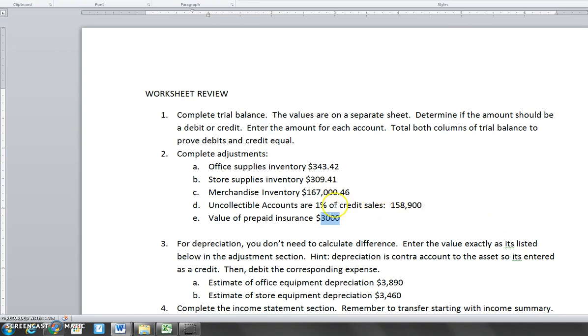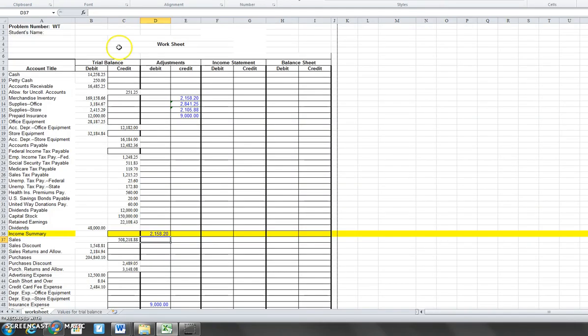Uncollectible accounts are 1% of this number. So we have to take that number and multiply it by 1%. And that is going to go as a credit because it's a contra account to accounts receivable.